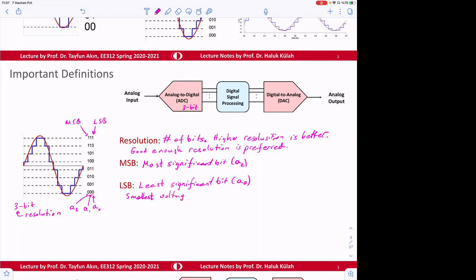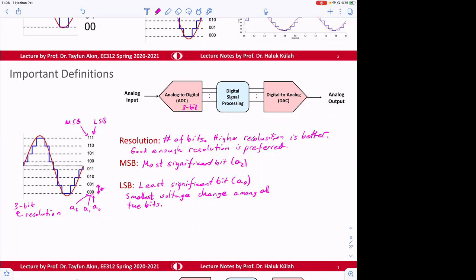So here, the least significant bit is also going to be called the smallest voltage change among all the bits. How much voltage change there is here is the minimum amount of voltage change. So this is going to be the voltage-wise amount.